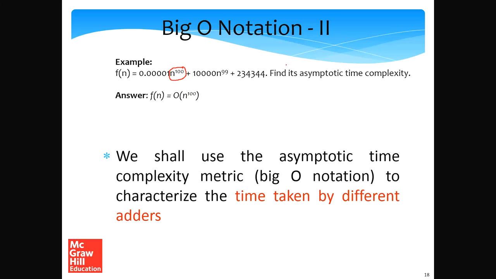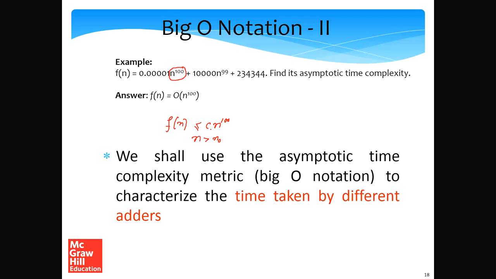Because if this is fn, we can always find a constant c such that fn is less than c times n to the power 100 for a certain n greater than n0. So basically we can always find something of that nature.